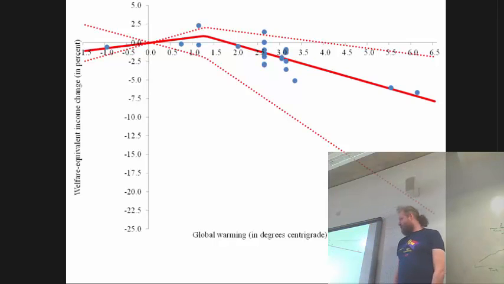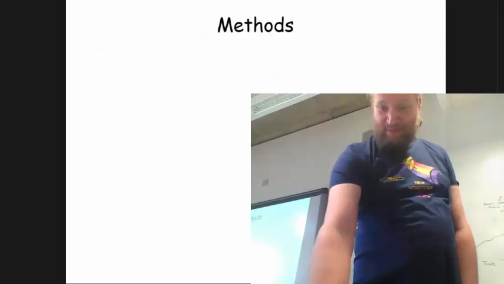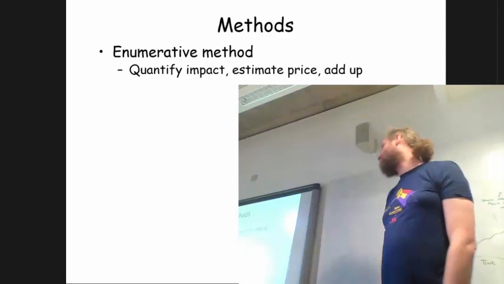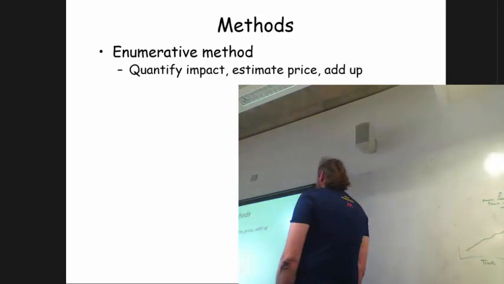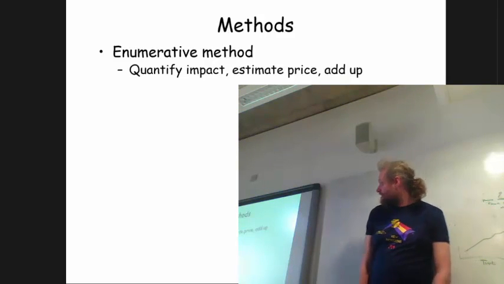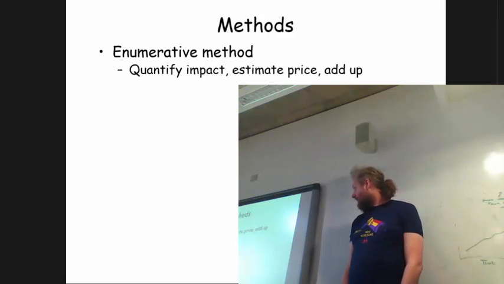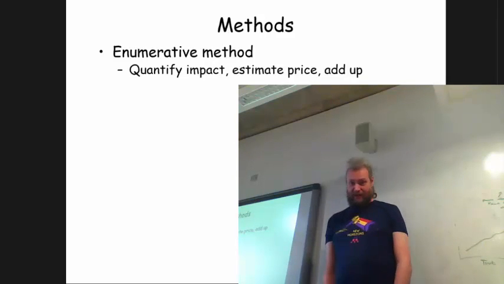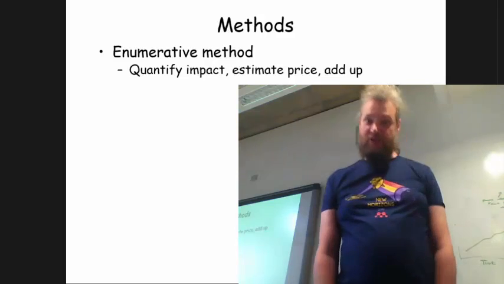Before I interpret what is going on here, I'm first going to talk about where the numbers come from. There's been a range of methods used to derive these estimates. The most common one is the so-called enumerative methods. I think it was Bill Klein who coined this term, but it was really Ralph d'Arge who first did this.